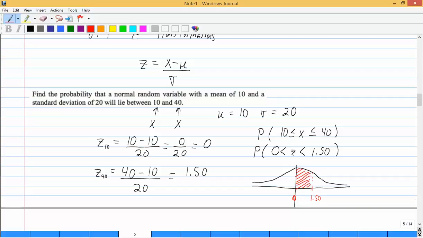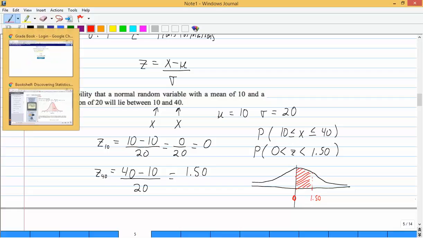So if I find the area of the far right value in my table, and then I subtract the area of 0 to the left of 0 from my table, then that will give me the area between the two. Now, you could always just remember that at 0, the area is 0.5 up to that point, but you don't have to. We can use the tables.